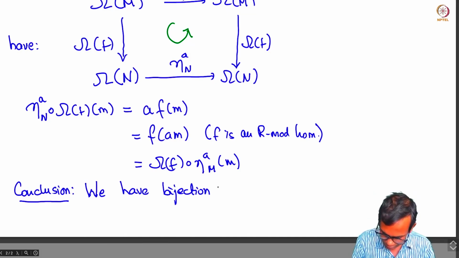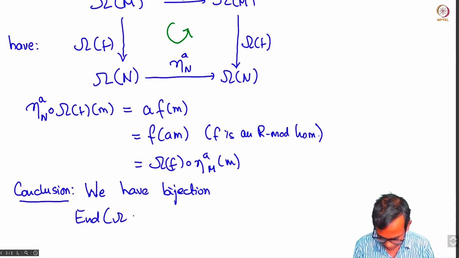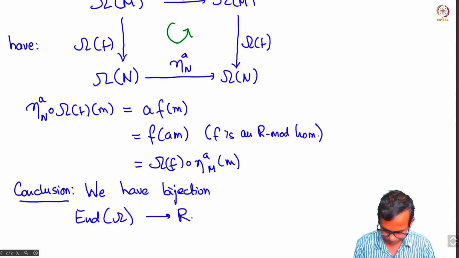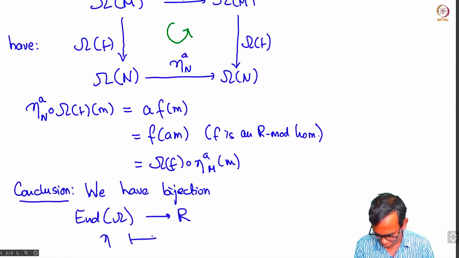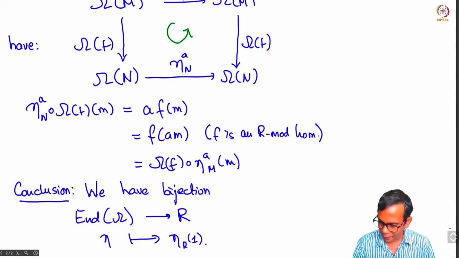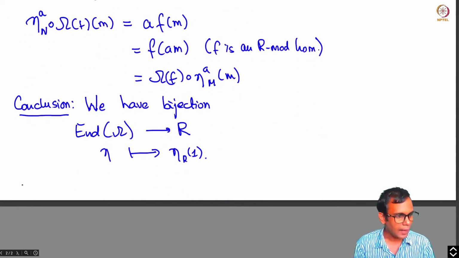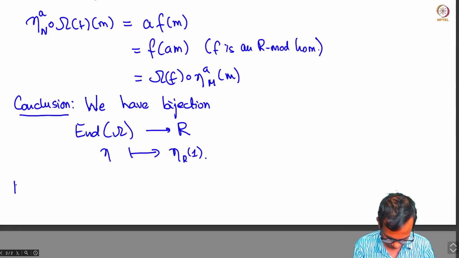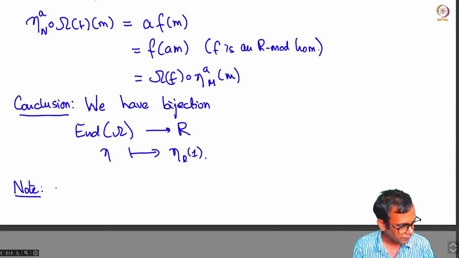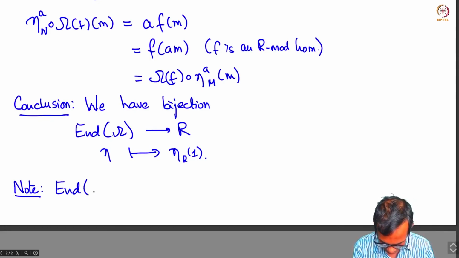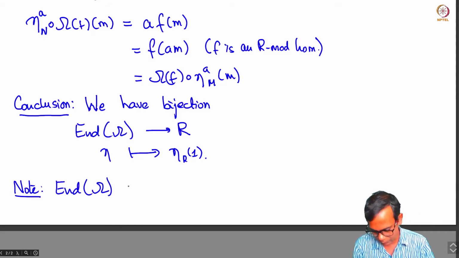So we have a bijection from End(omega) to R given by eta goes to eta R of 1. And we can also check that this End(omega) has the structure of a ring, not just a monoid.